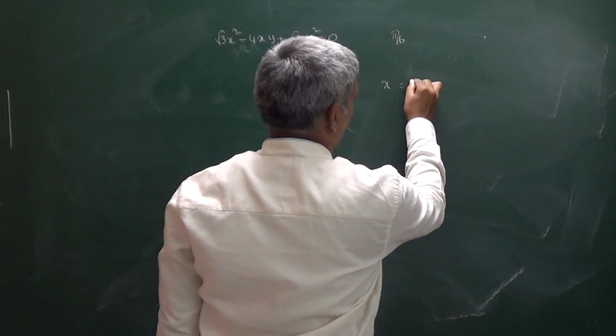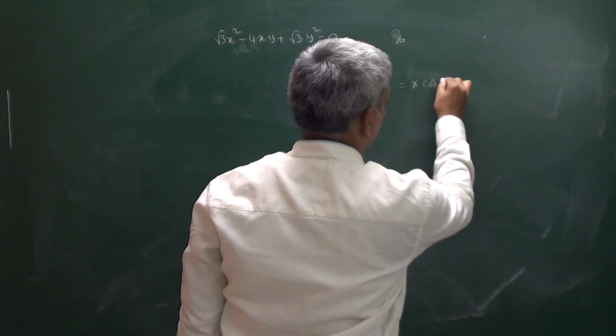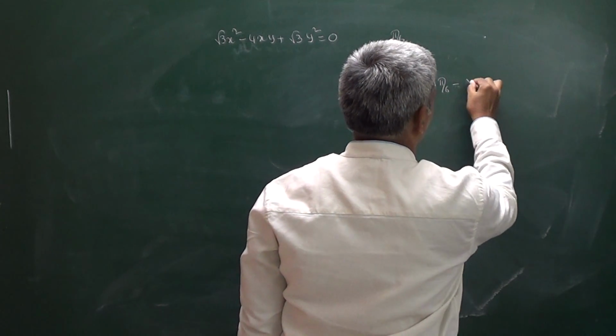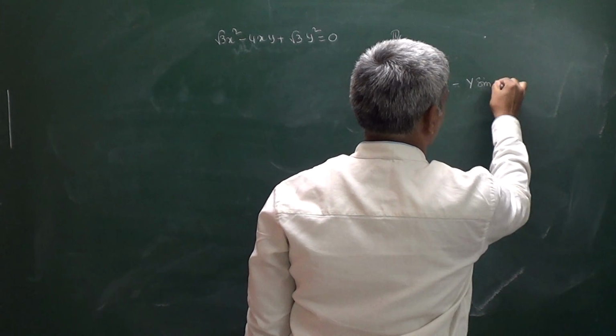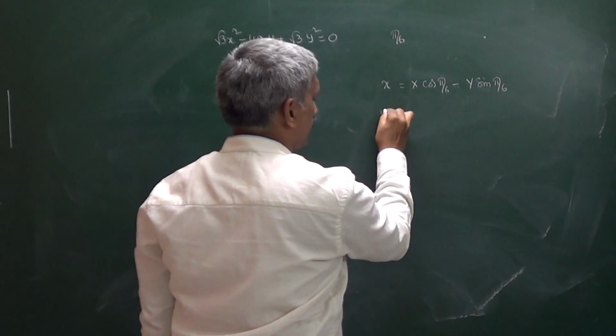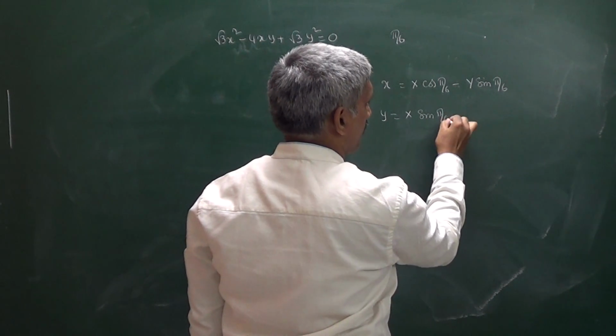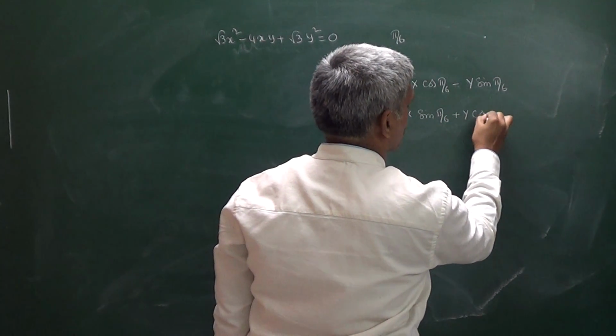X is equal to x cos pi by 6, that is x cos theta, minus y sin pi by 6. Next, Y is equal to x sin pi by 6 plus y cos pi by 6.